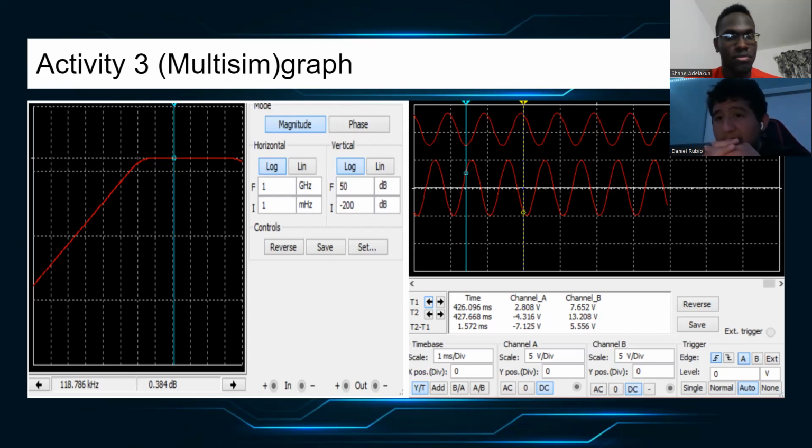And on the right side, we have channel A at 2.808 volts, and channel B, as you can see, falls under 10 volts. But between 0 volts and 10 volts, not much of a difference. It gives us the value of 7.652 volts, where you can see the graph is almost the same as it replicates the sine function. But the difference will be the frequency amount to travel.